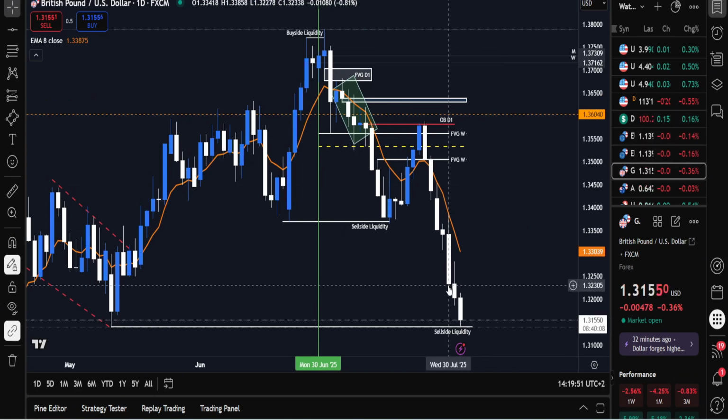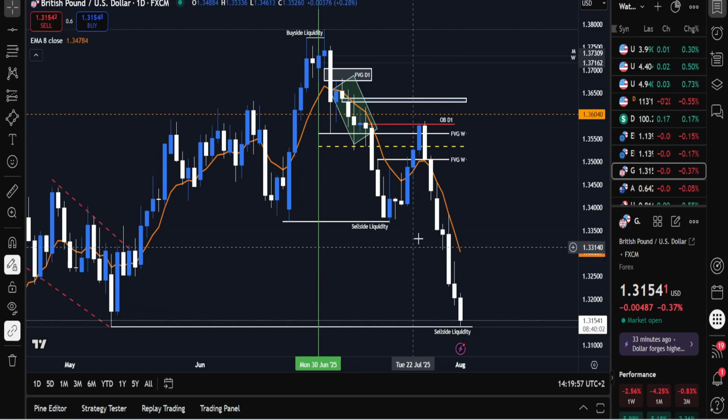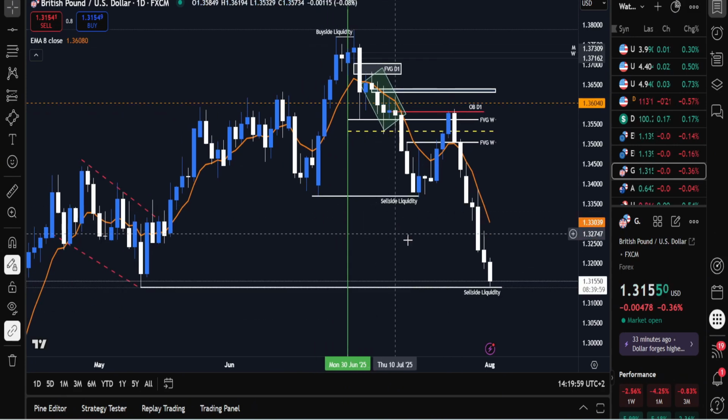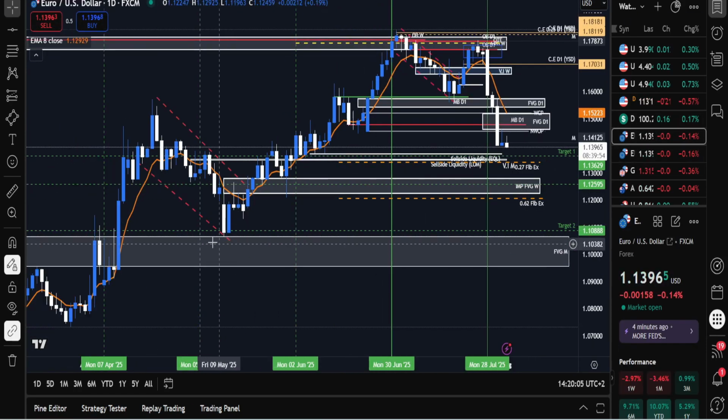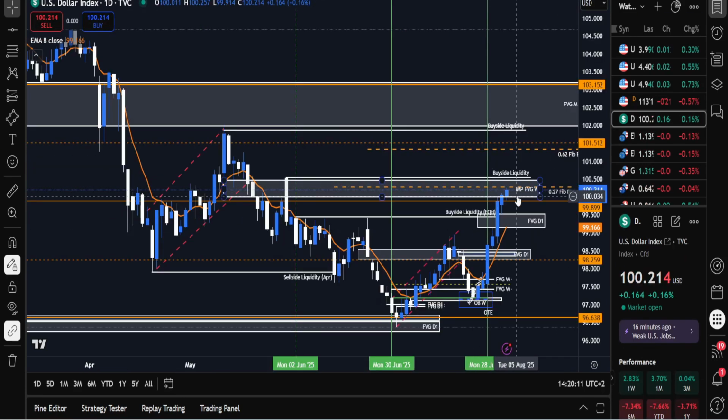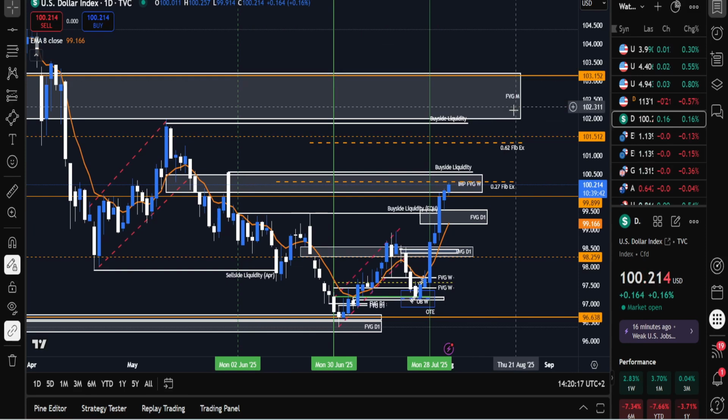But the euro dollar is a little bit sick and the DXY is a little bit sick, meaning that it's just lagging to the movement of the pound dollar. But for us, this is our objectives down here. It's just euro dollar is a bit sick, lagging to our objectives. And also here we have the dollar index being sick to objectives. It's that monthly fair value gap.